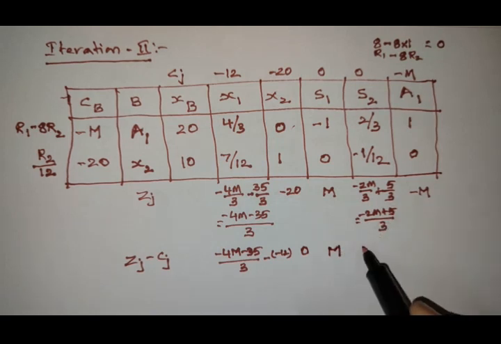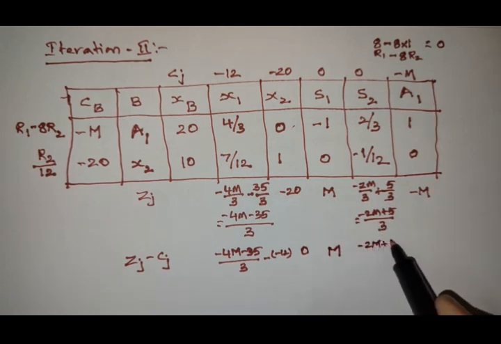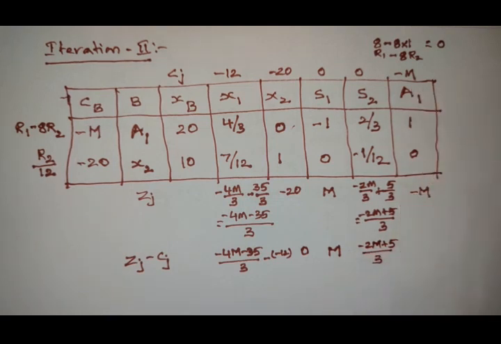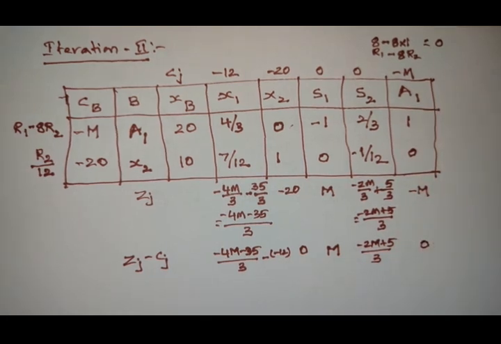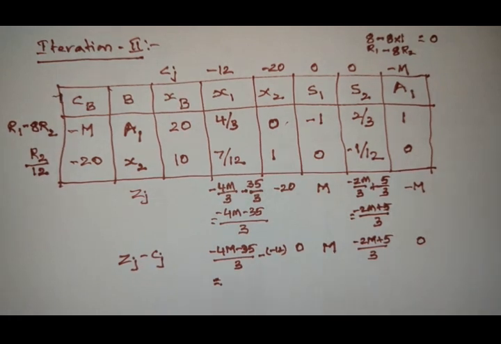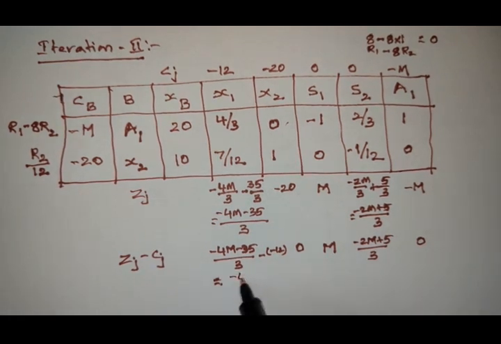Next here, minus 2m plus 5 by 3 minus 0, means the same. Minus of minus m, minus of minus m means 0. Right. So here all are okay. Let us simplify this one. If you simplify that one, we will get minus 4m plus 1 by 3. Right. So now we got all values.